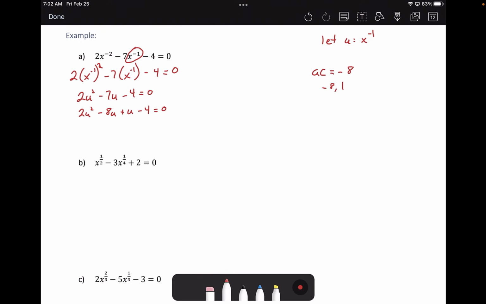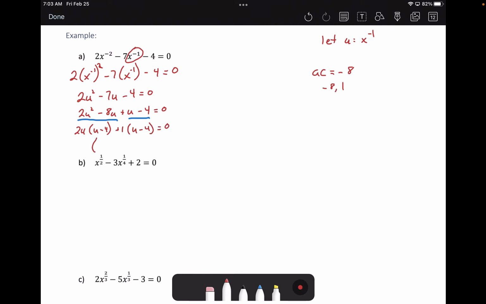The first 2 terms have a GCF of 2u. When we factor out 2u, we get u minus 4. The second 2 terms have a GCF of 1. When we factor out the 1, we get u minus 4 equals 0.